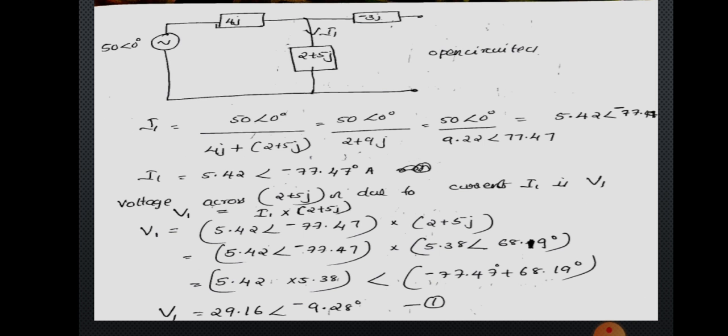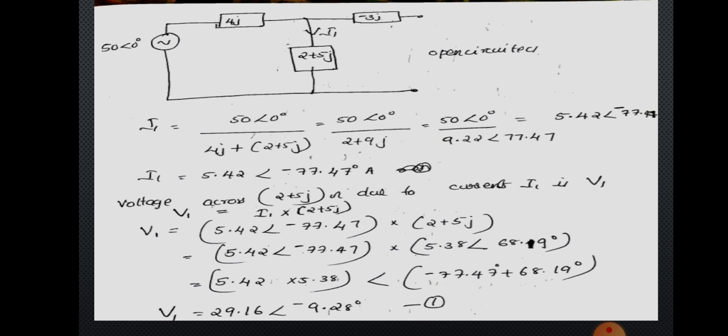So we can do the calculations, and you can do it by converting 2 plus 9j into polar form. Once there is a division process, it is easier to convert into polar form, then you can easily divide. See, 50 angle 0 divided by 9.22 angle 77.47 degree.